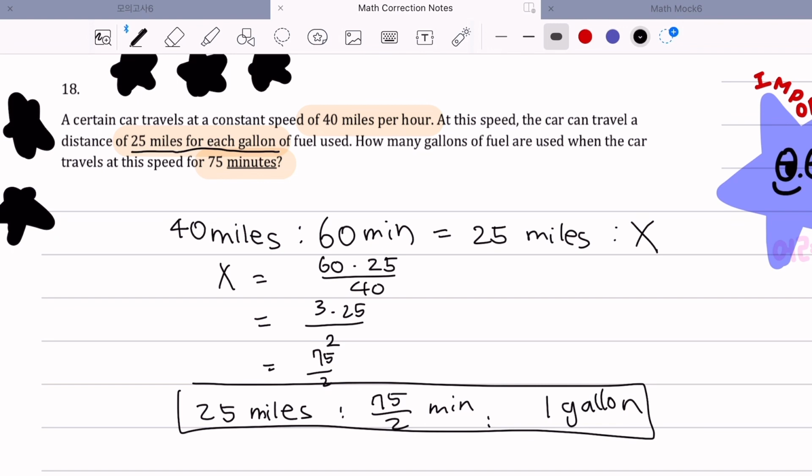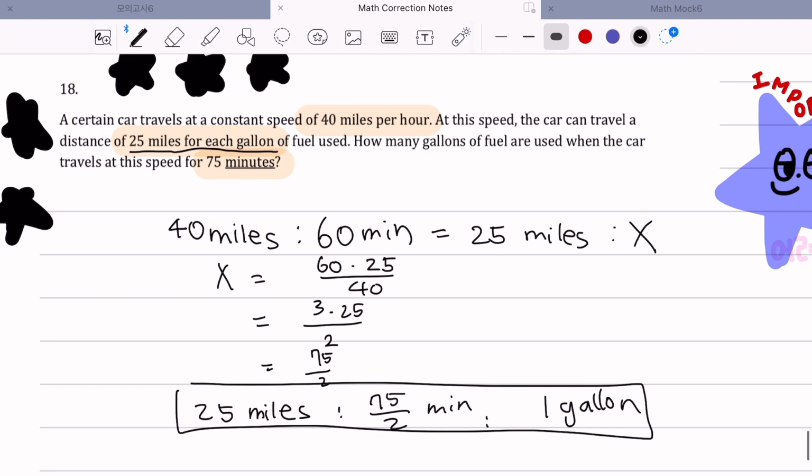But this question was hard because there's hours, miles, gallons, minutes, a lot of units, and it's asking how many gallons, which is not really familiar to us as an SAT math question.